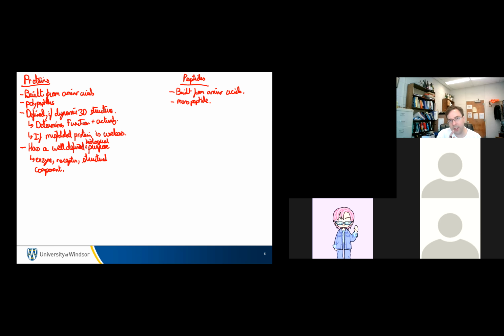I think this is where we see the big difference with the peptide. Proteins always have well-defined secondary structures.